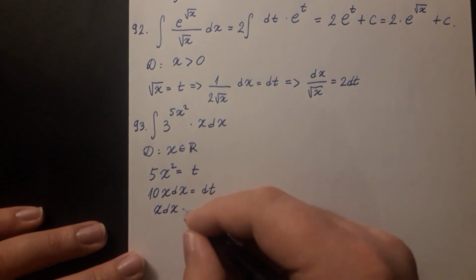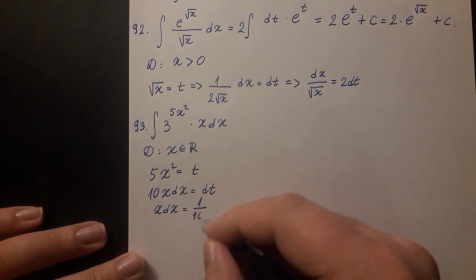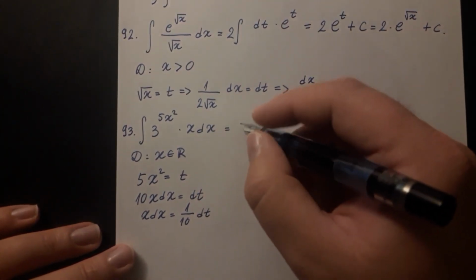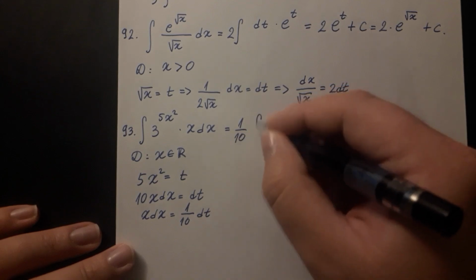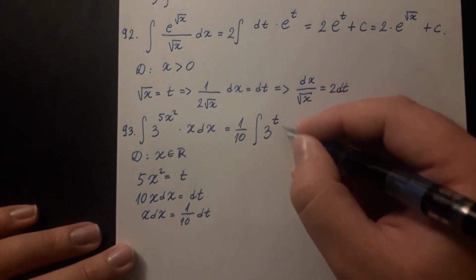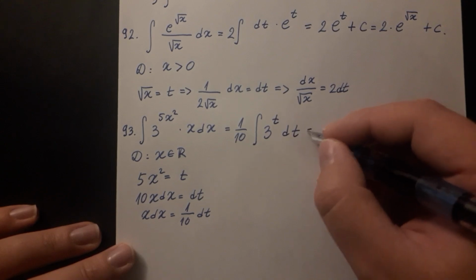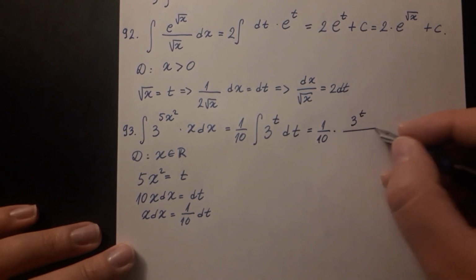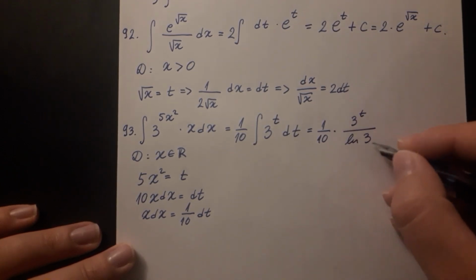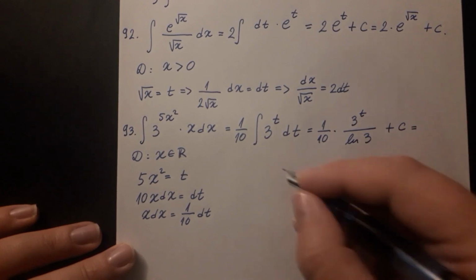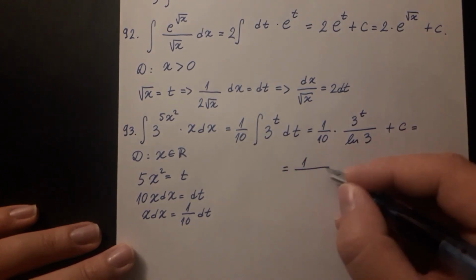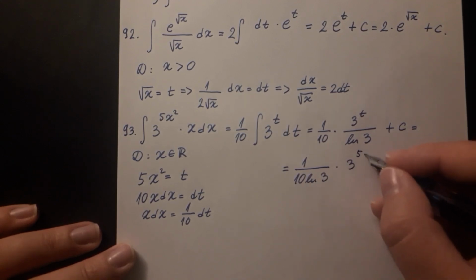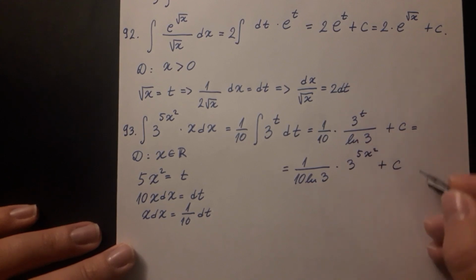X dx is then equal to 1 over 10 differential of t. This is then equal to 1 over 10 integral 3 to the power t differential of t, which is equal to 1 over 10 times 3 to the power t divided by ln of 3 plus c, which is then equal to 1 over 10 ln of 3 times 3 to the power 5x squared plus c.